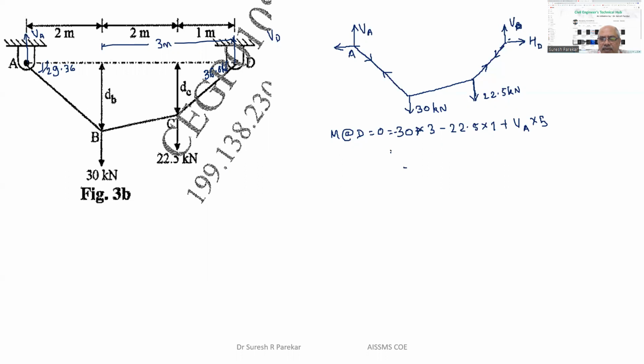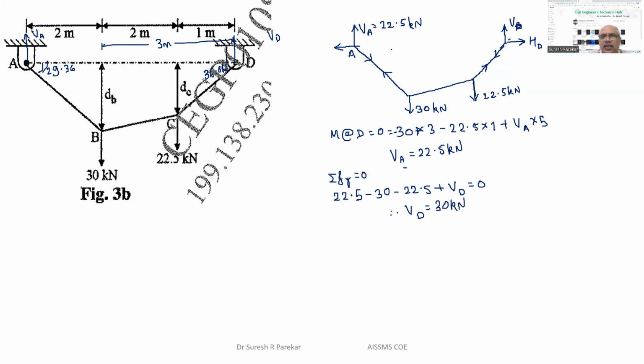From this we get VA equal to 22.5 kilonewton. Now apply summation Fy equal to 0: 22.5, which is VA, minus 30, minus 22.5, plus VD equal to 0. From this we get VD equal to 30 kilonewton.